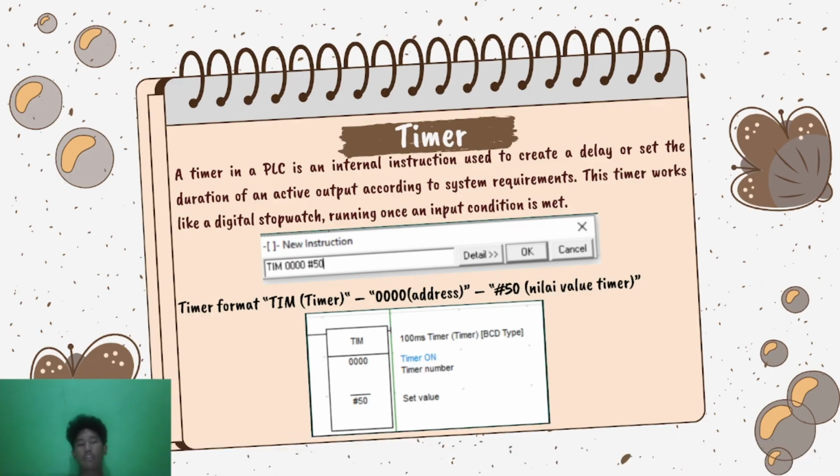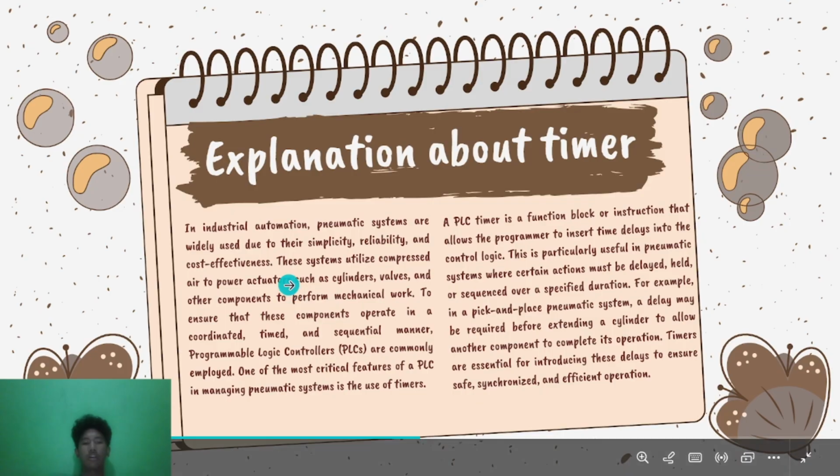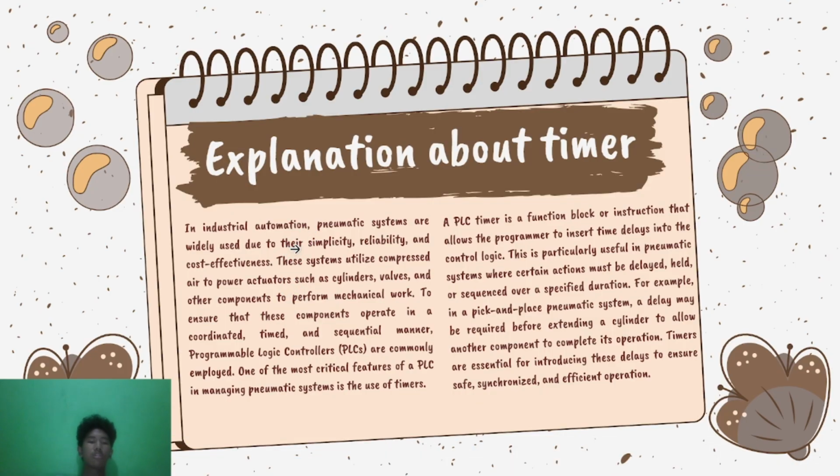Let's continue to the next slide. This is the explanation about the timer. In industrial automation, pneumatic systems are widely used due to their simplicity, reliability, and cost effectiveness. These systems utilize compressed air to power actuators, such as cylinders, valves, and other components to perform mechanical work.